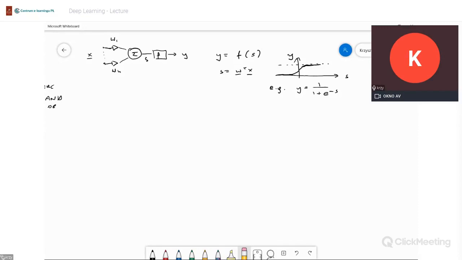Okay, I think the answer to your question will become clear in some time, because neural networks actually work asynchronously, and they work in parallel.